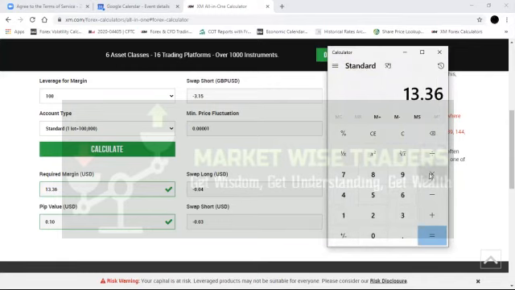If we say times, I want to know what is 30% of this, times 0.3, right? That's $4. Okay, $4, and we say the pip is how much? 10 cents. So $4 divided by 0.10 should give me how many pips? So that's how many pips I can hold for before these guys will shut down the trade. 40 pips. You understand?